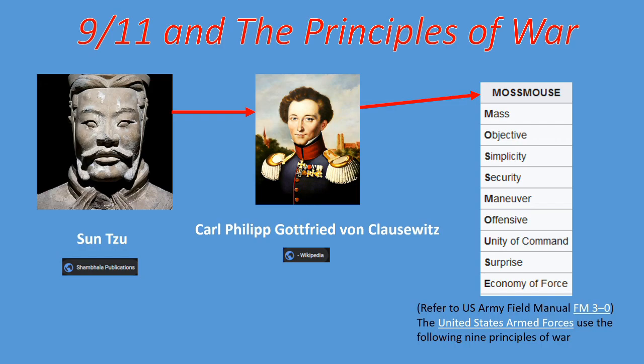September 11th will be one such significant battle. We will get that discussion started with one version of the principles, MOSS, sometimes reordered to be MOOSEMUSS. Either way, stay tuned for a different look at the events of September 11th, 2001.